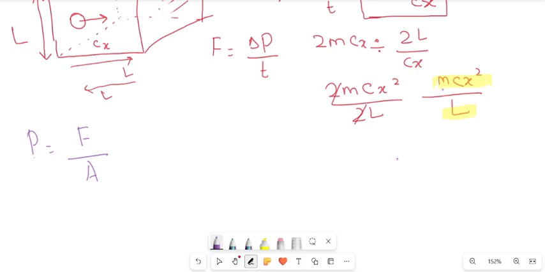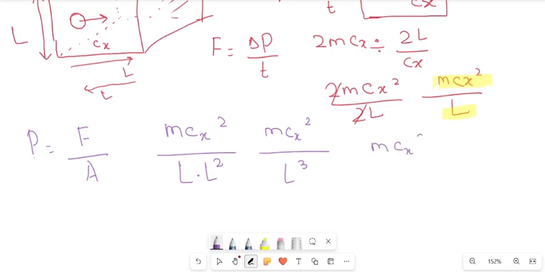Force is here, mcx square over L. What is area? Area is L squared of the cube. This becomes mcx square over L cube. Now what's L cube? It's volume. So mcx square over volume.